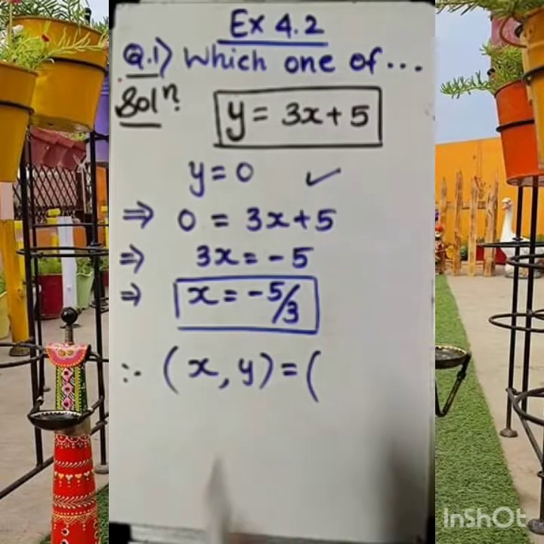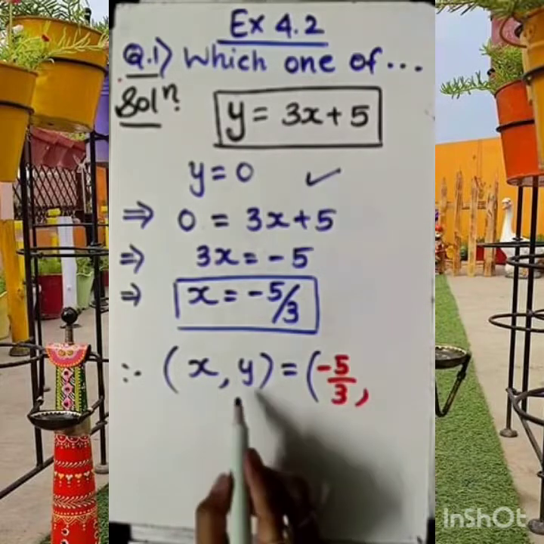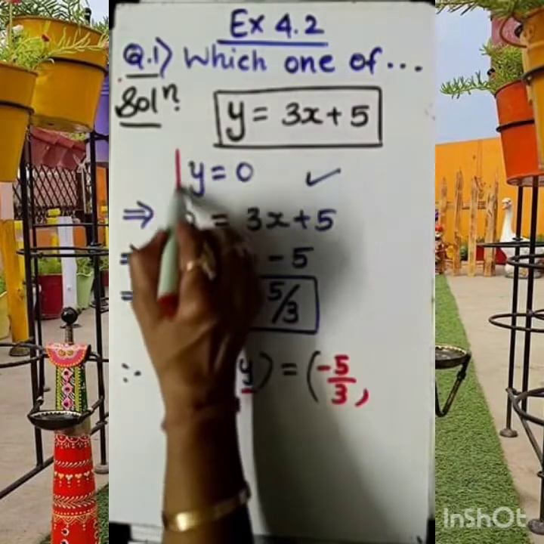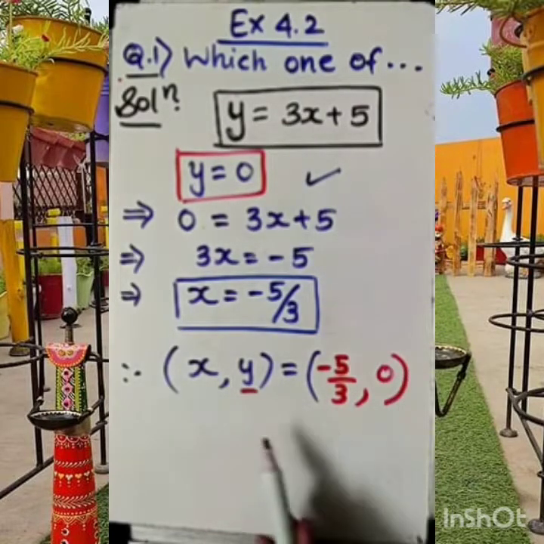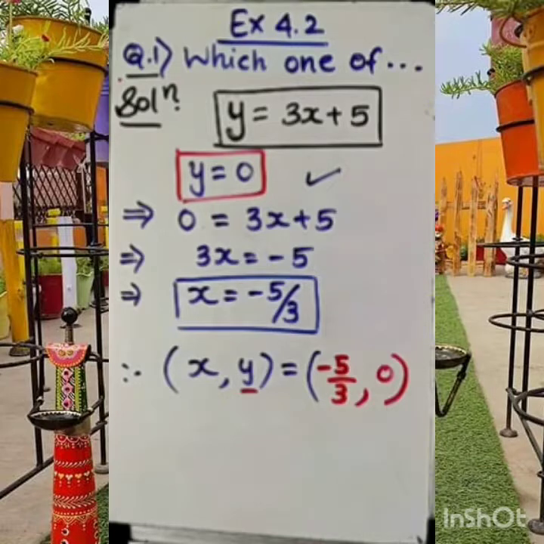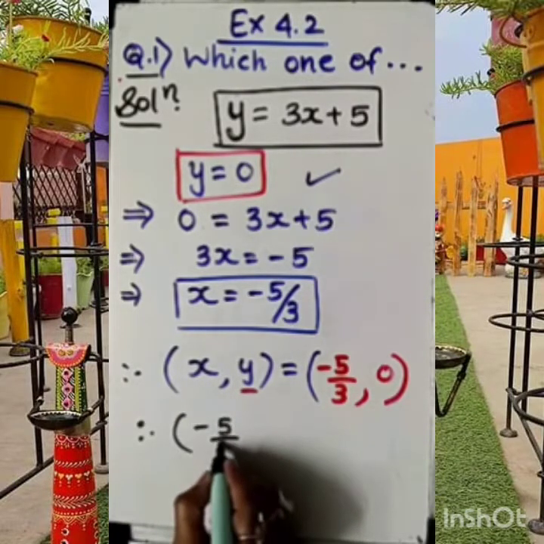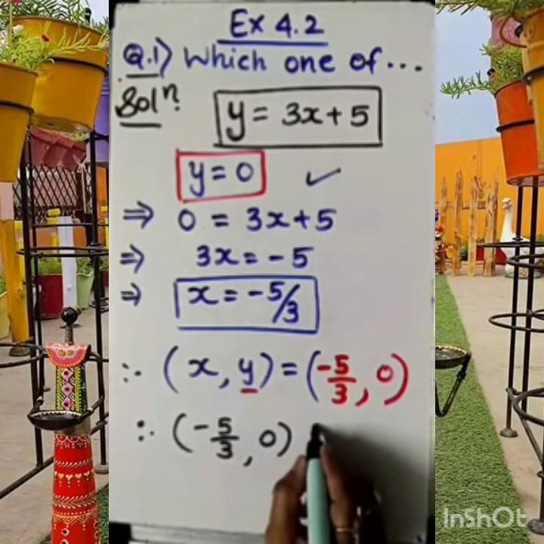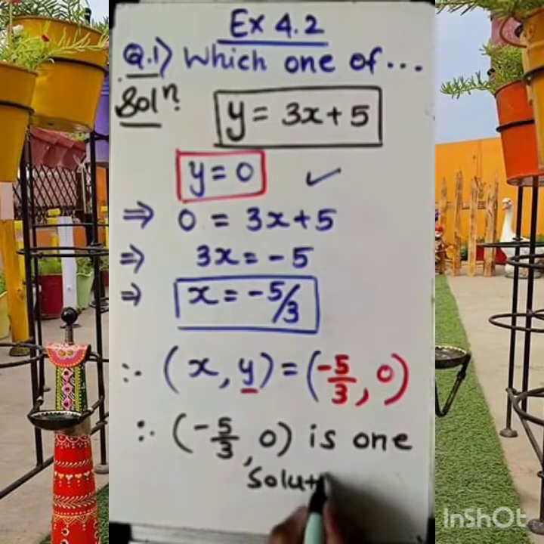The value of x is minus 5 by 3. What is the value of y we took in the beginning? We chose y as 0. So this is one solution. Therefore we can write minus 5 by 3 comma 0 is one solution. Clear to you?